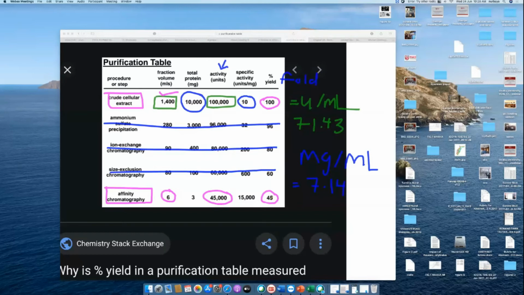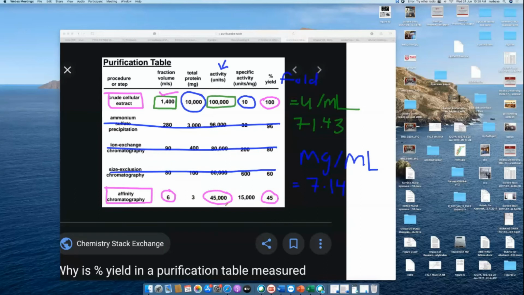So for this case, why do we get 45%? It is because of 45,000 divided by 100,000 multiplied by 100.